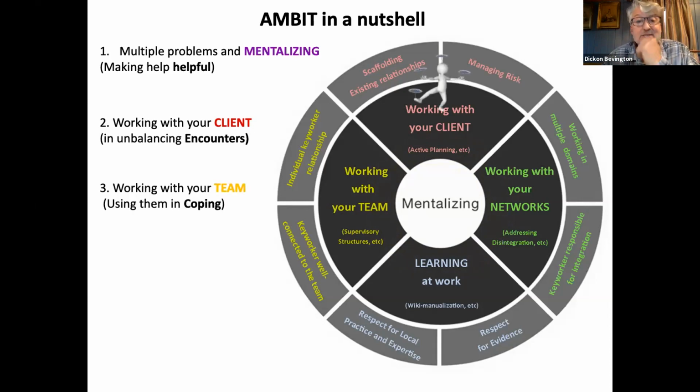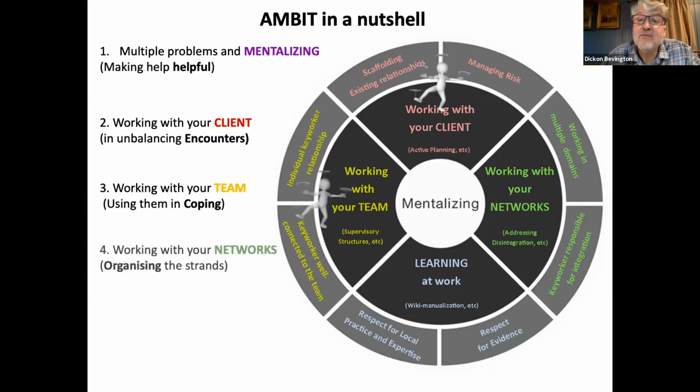But if we're not also working towards creating teams that help us to cope by helping to mentalise us, we're in trouble. And if we're not also trying to mentalise the wider network of other workers, both formal, all the different agencies and professionals that get involved with young people who perhaps have multiple needs, we're in trouble, and how to organise that.